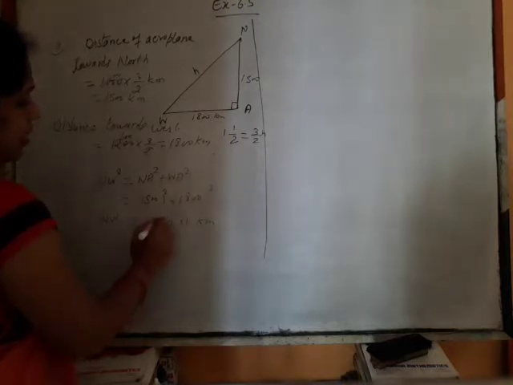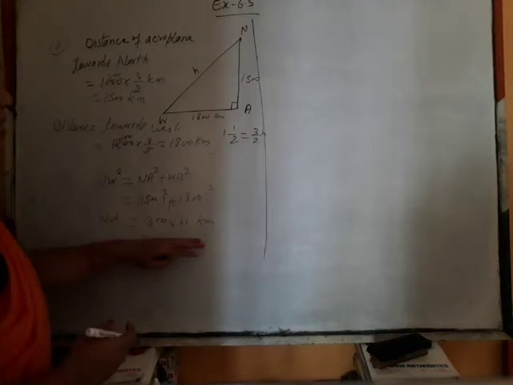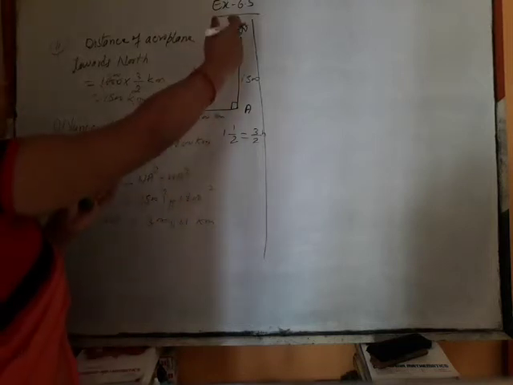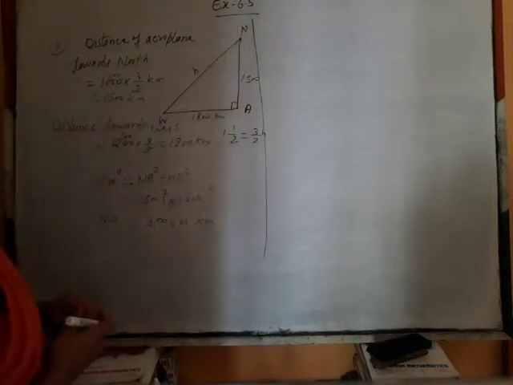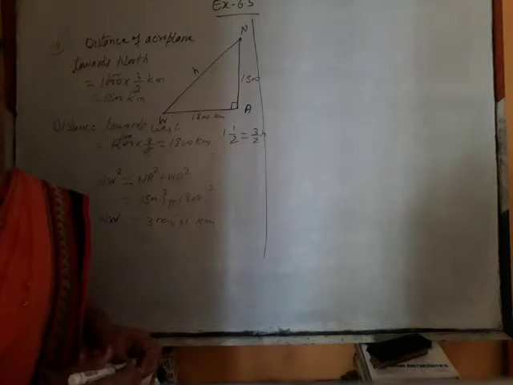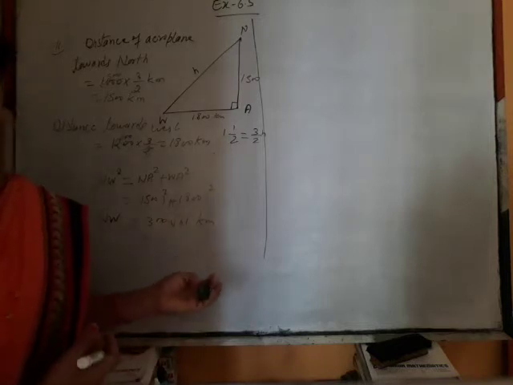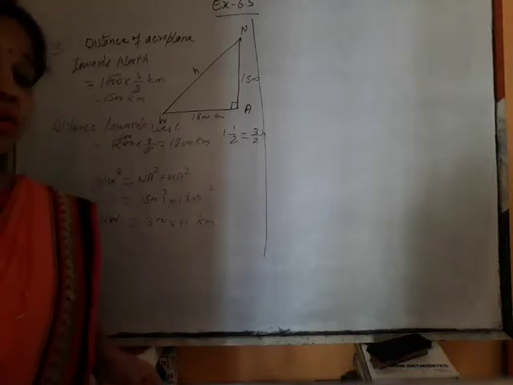I have directly written the answer. The solution takes time, so you can do it by squaring, adding and taking the square root. You will get the answer. The distance between both the aeroplanes that went north and west is 300 root 61 kilometers. This is how you can do the other questions like 9, 10 and 12 also.